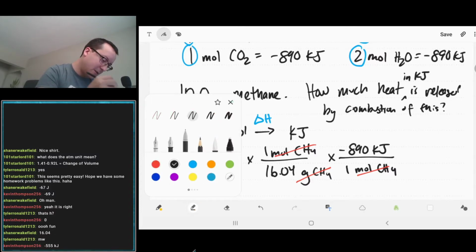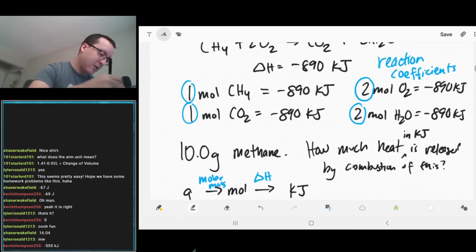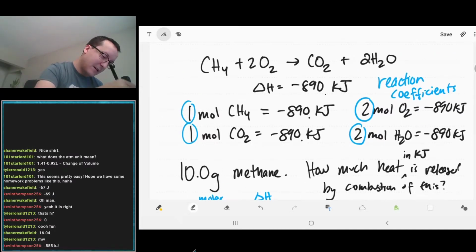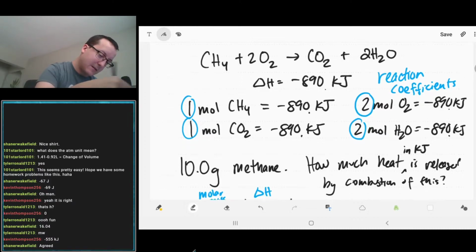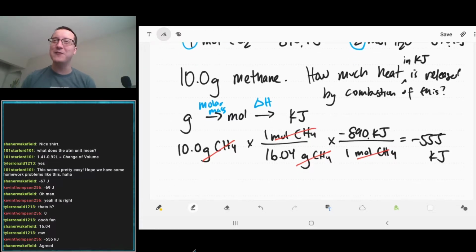And thank God Kevin has done the work for us. And he said negative 555 kilojoules. Let's just go ahead and make the sig figs easy for us. I'm going to just throw some dots. It will be 3 sig figs now. Awesome. And we have agreement. That's even better. So no 554 and 556 this time.